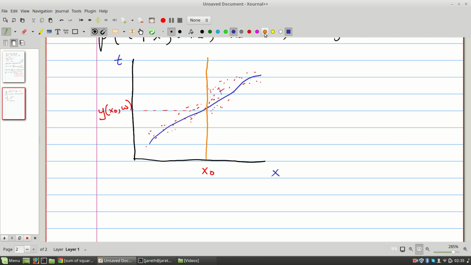Okay, no, we already used this one. Okay, let's use pink. So we end up with this Gaussian distribution, where this part here is showing the, let me draw it again, yeah, more like that.